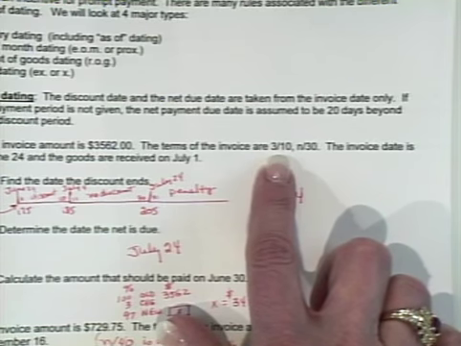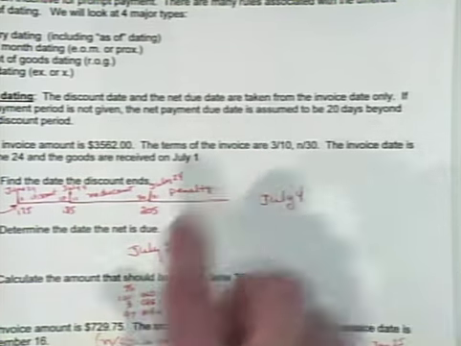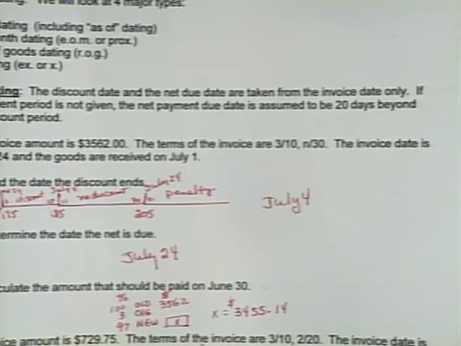On an invoice. And it's read differently. This one says 3/10. Oh, don't you love the confusion? That means a 3% discount for 10 days from the invoice date. So 3/10 in this case, when I'm saying cash discount, means a 3% discount for 10 days.